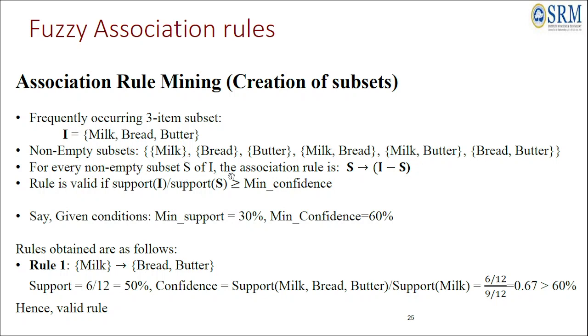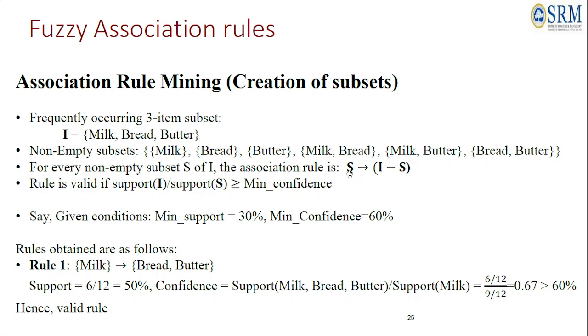Now for every non-empty subset S of I, the association rule is a mapping from S to I minus S. So what is my S here? S is the subset, and I is my entire set, and I minus S is the remaining set.